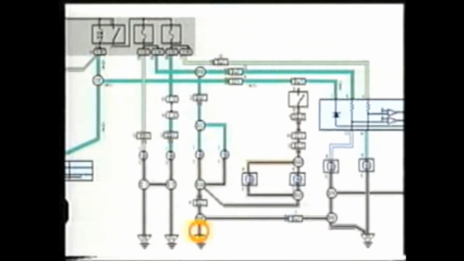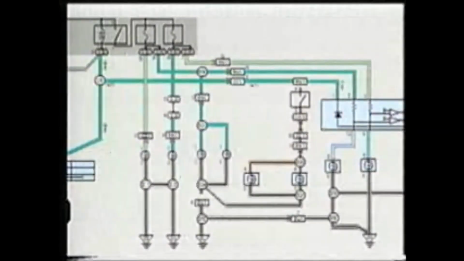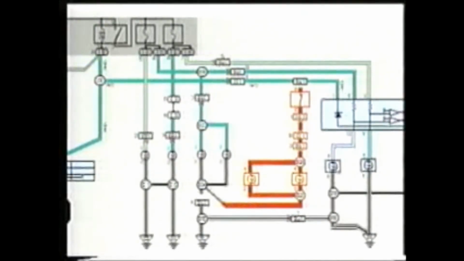If BL is poorly grounded, and at the same time terminal number 7 of BA1 is disconnected, or if terminal number 4 of BB1 is disconnected, when we shift into reverse, the current flows to the backup lights, the license plate lights, and the left and right front clearance lights.